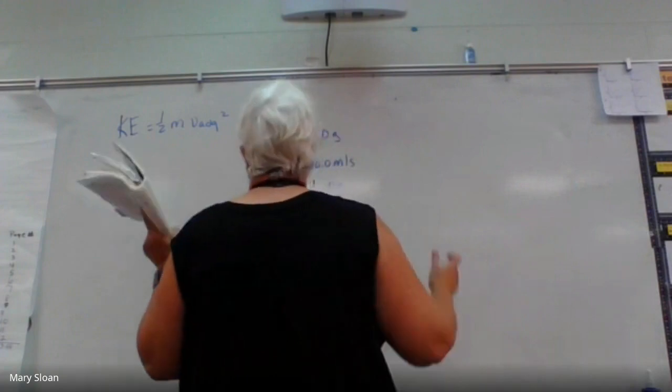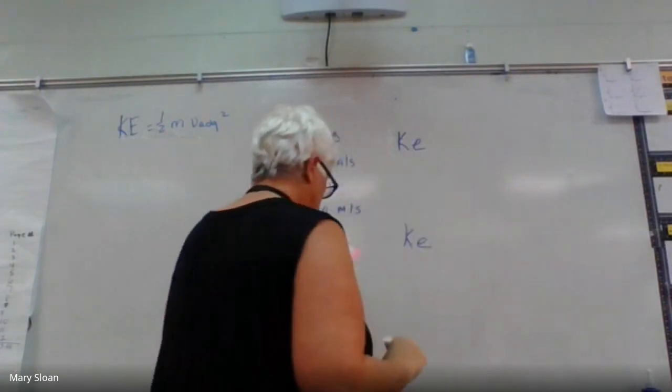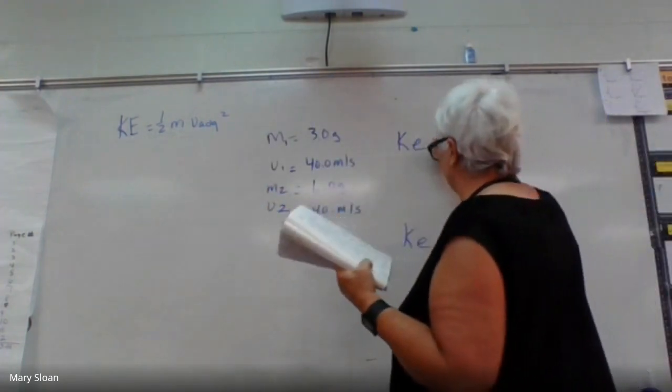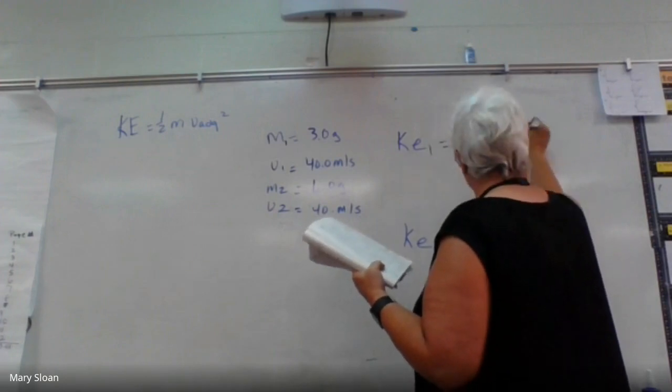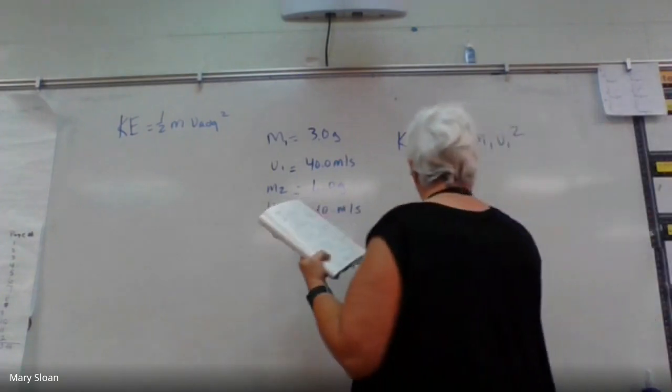So I need to do 2 kinetic energies, correct? What's my kinetic energy 1's formula? There's my first kinetic energy formula. What is my second kinetic energy formula? Same thing with the 2s.